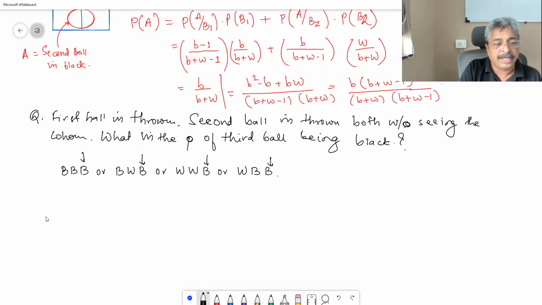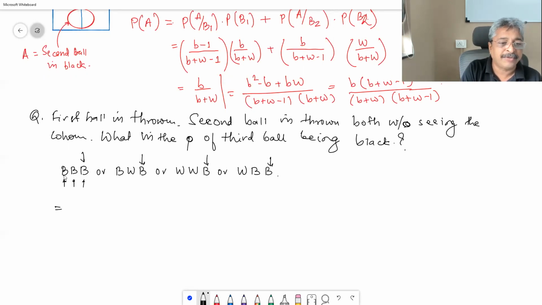So probability of the third ball being black is equal to probability of first ball being black into probability of second ball being black given first ball is black, and probability of third ball being black given first two are black.